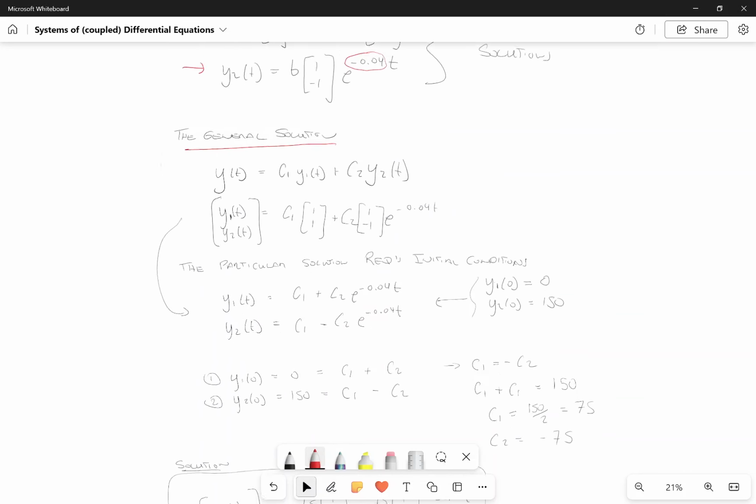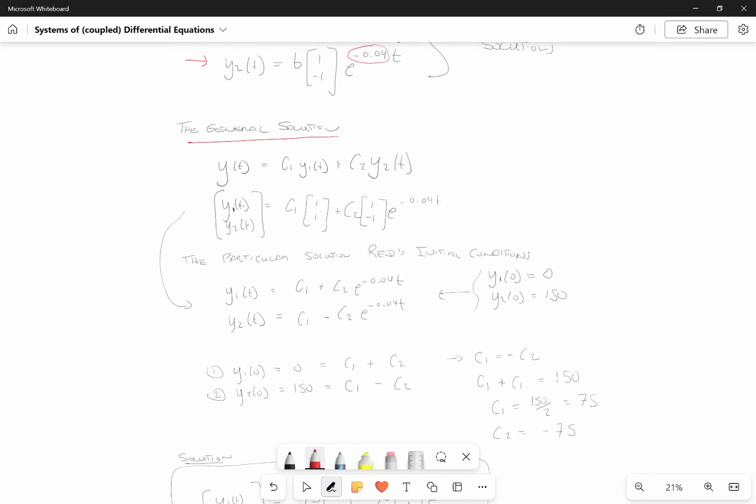Cool. This is the general solution. We want a particular solution to our problem, so we need to solve for C1 and C2 using initial conditions. The initial conditions are that tank 1 was pure water, no dissolved fertilizer, and tank 2 had everything, 150 pounds dissolved in 100 gallons.